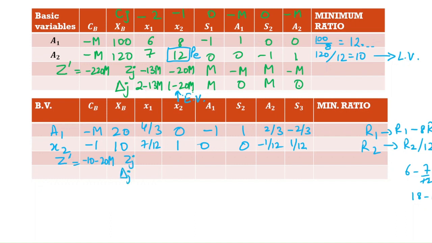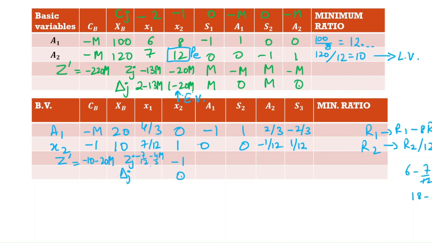So that would be equal to, zj is coming out to be minus 7 by 12 and minus 4 by 3M, that's minus 1, so this becomes 0. So when you add plus 2, this would be 24.